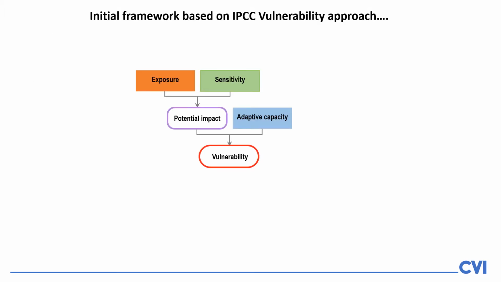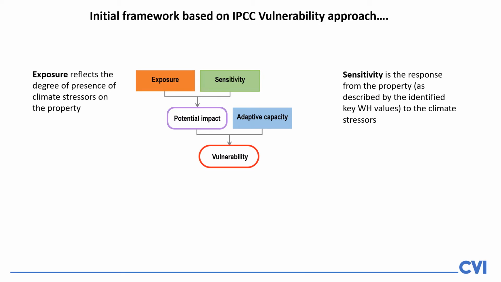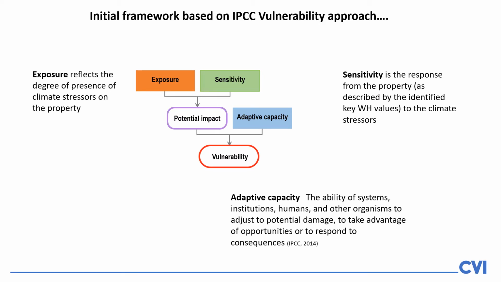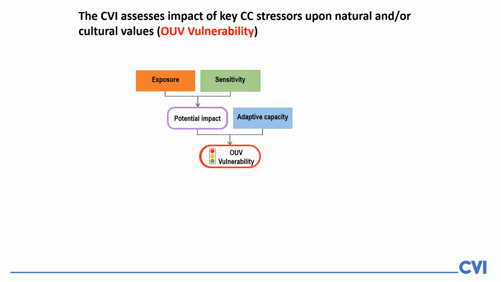This is the initial framework that Scott took you through, which is based on the IPCC vulnerability approach. We use the same general framework. Scott took you through the definition of exposure, sensitivity and adaptive capacity, and he's explained how we use the same components to assess OUV vulnerability.